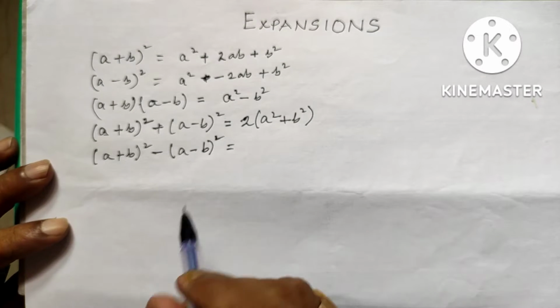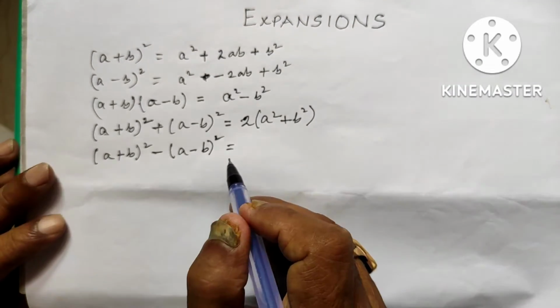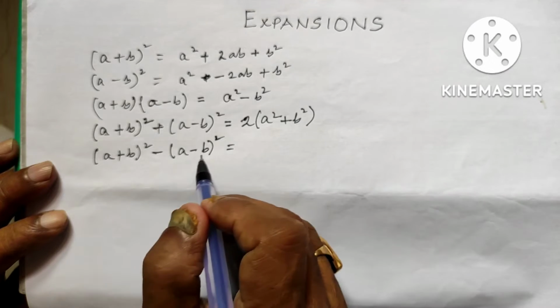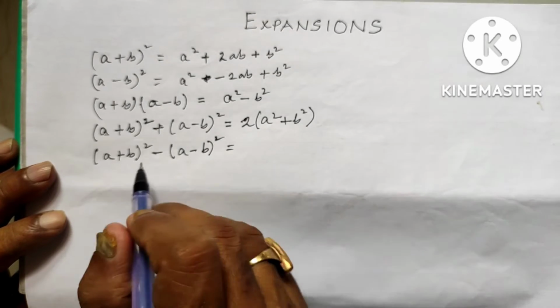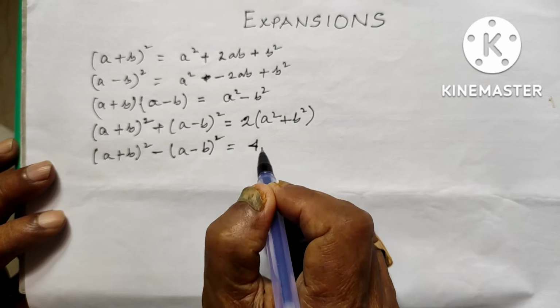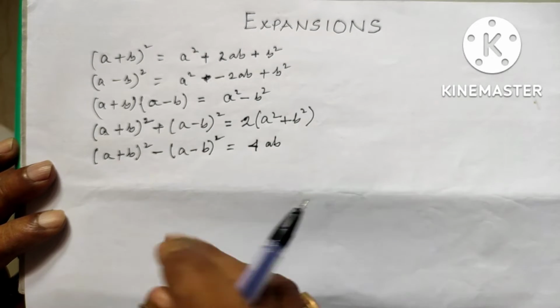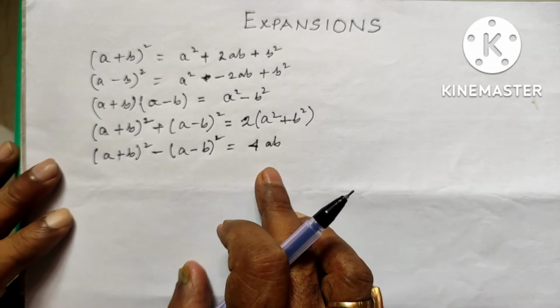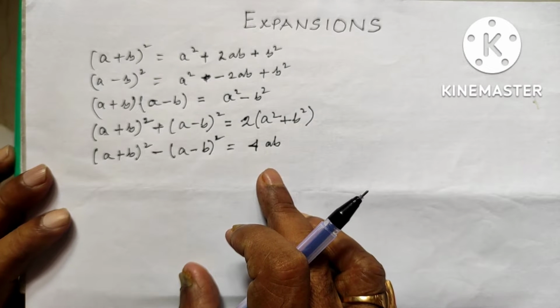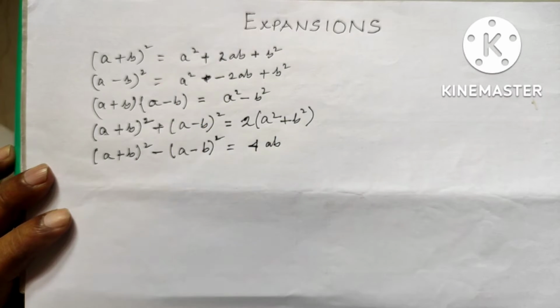In my thumbnail, I have already given this one as a question mark. But when you do it, you will find that most of the things are cancelled and the remaining portion is only 4ab. So, remember that this is applicable in working out some sums, as a corollary of these formulas.